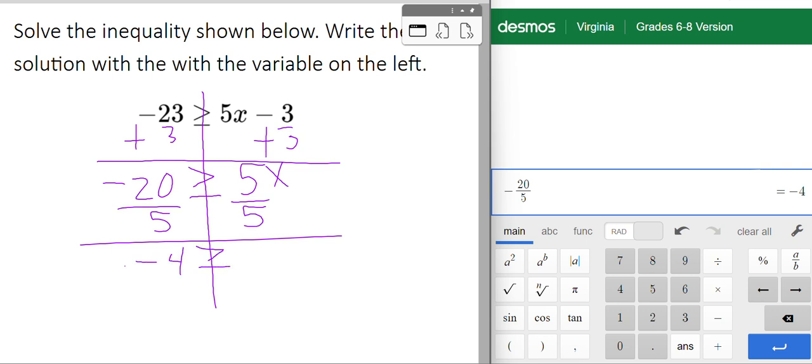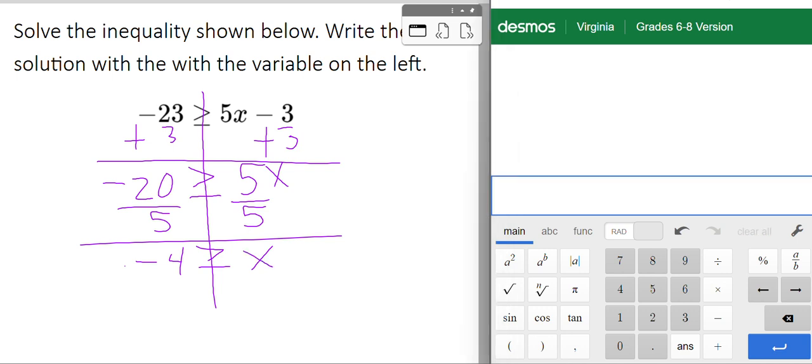or equal to x. The problem is when you are solving inequalities, you always want your variable on the left side. But when I change my x here and I change my negative 4 here, that means my inequality also flips over. So it's x is less than or equal to negative 4.